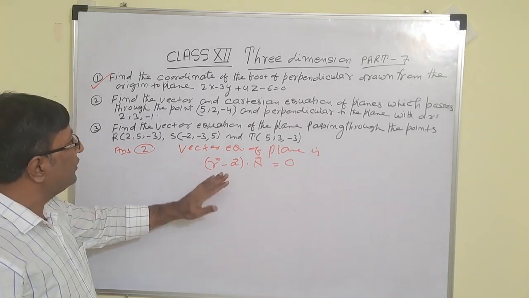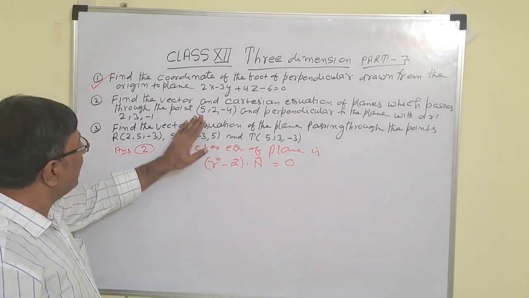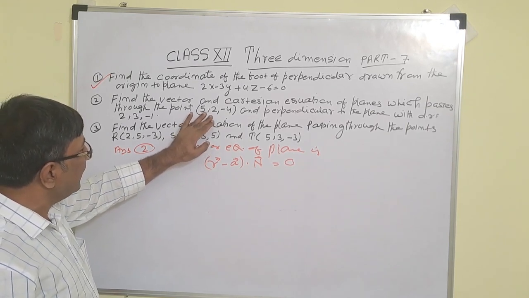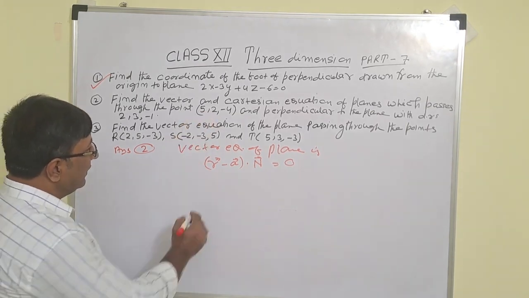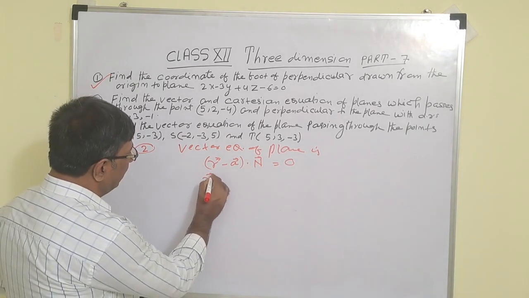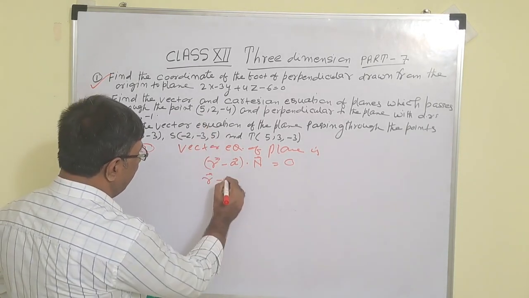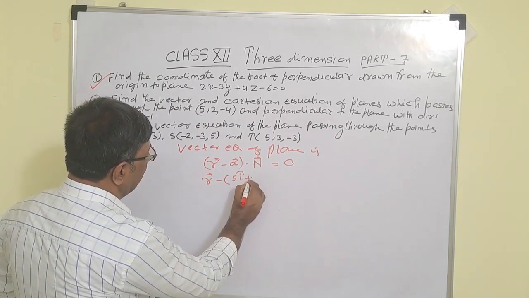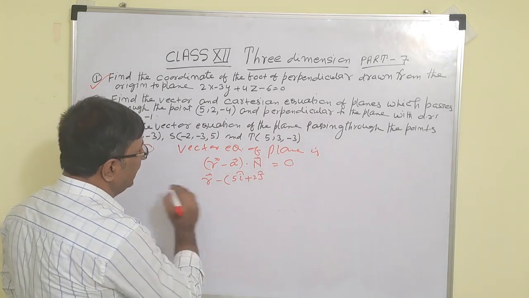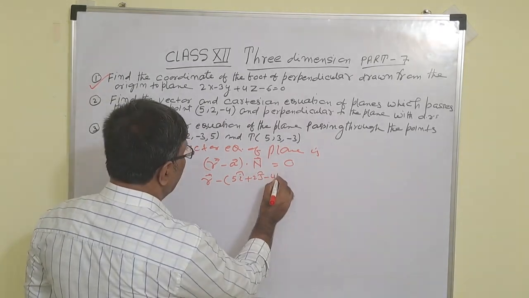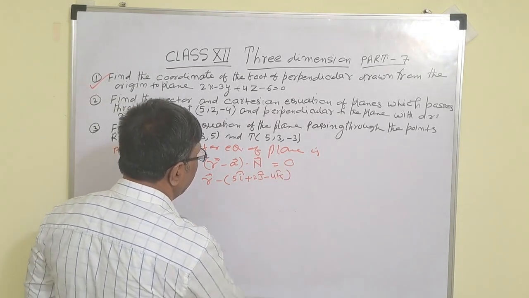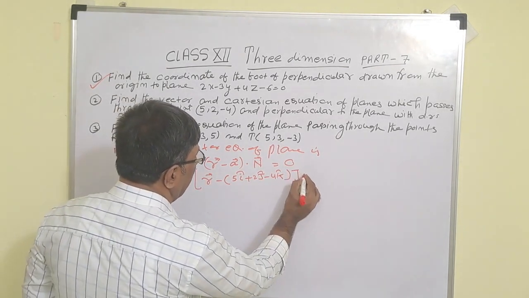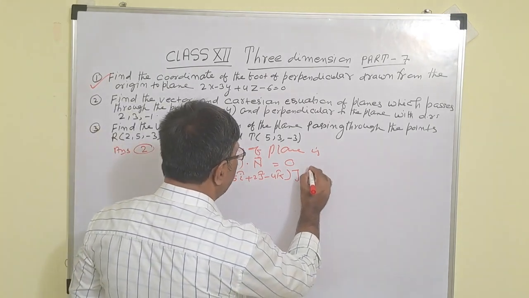The r vector is the position vector of a general point. And here (5, 2, -4) is the given point, whose position vector is the a vector. So this will be r vector minus (5i plus 2j minus 4k), right? So this is r minus a. Now this is dot n vector.